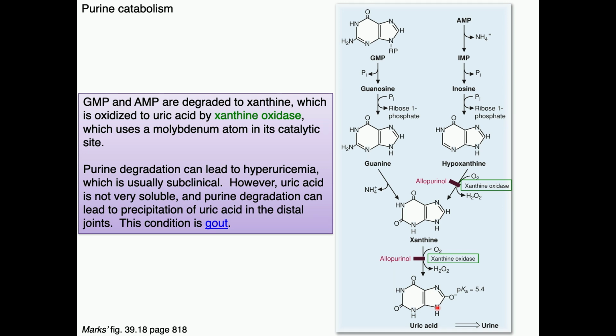What causes the excess degradation of the nucleotides that would cause that? The excess degradation of nucleotides can be caused by eating a lot of nucleotides, is one thing. So if you eat a lot of organ meat, you're eating a lot of nucleotides and you're catabolizing a lot of them.